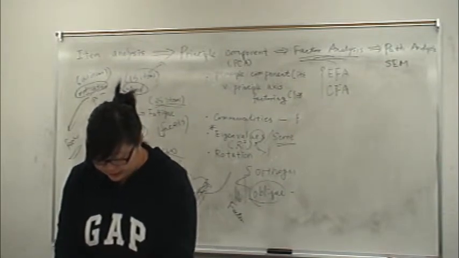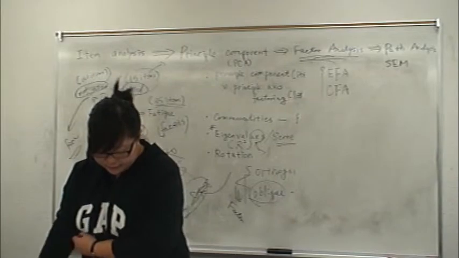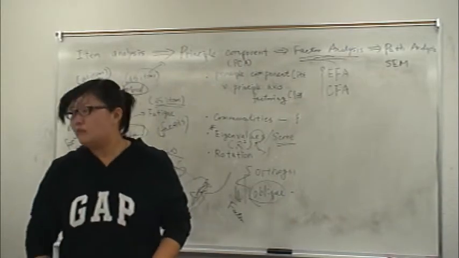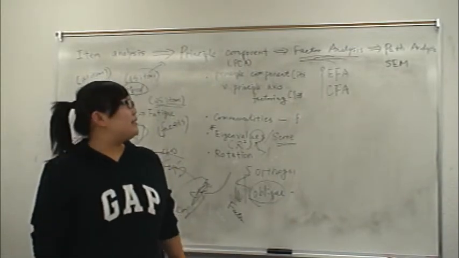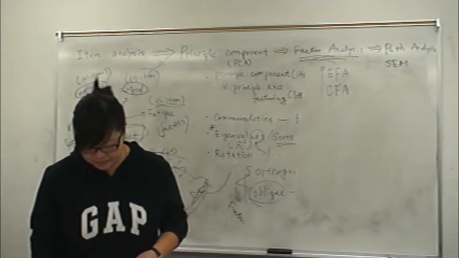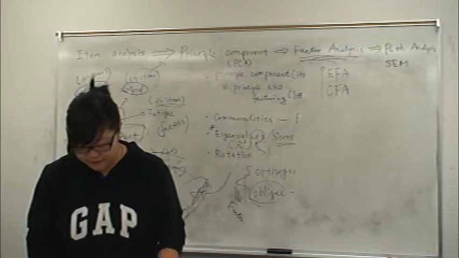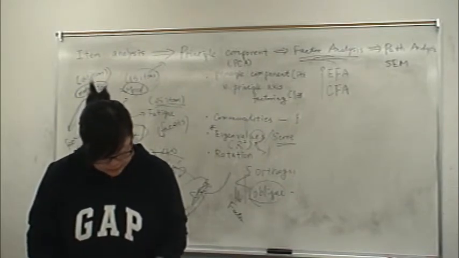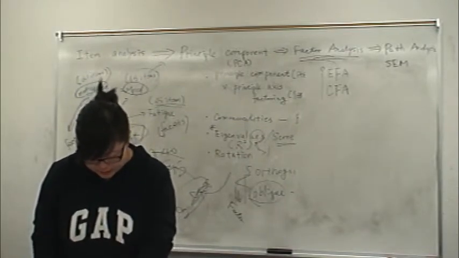Okay, path analysis and SEM is on page 65. Are we lumping them together? Yeah, because they are actually the same thing, but I'll tell you the minor difference between them. It's from page 65 to 66.